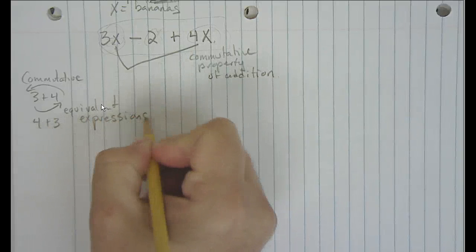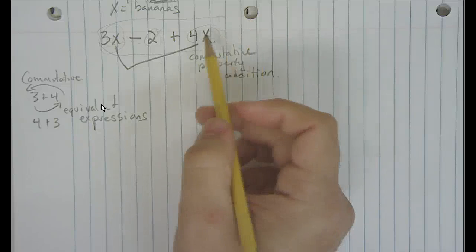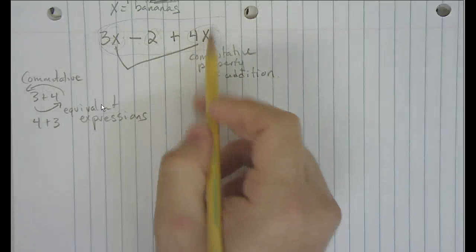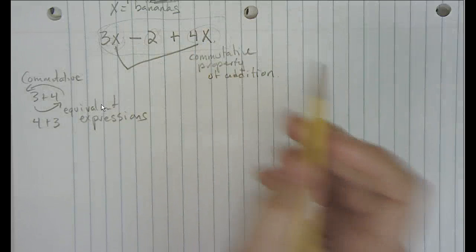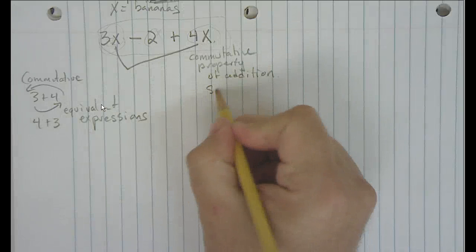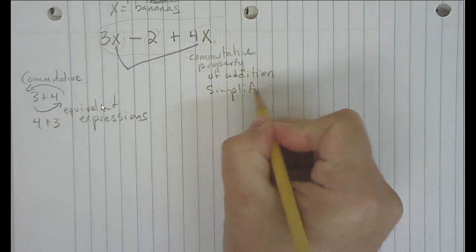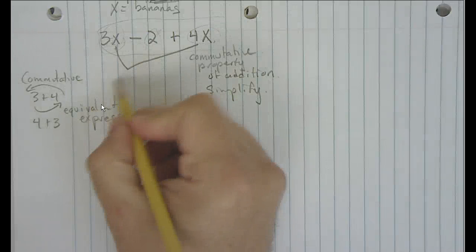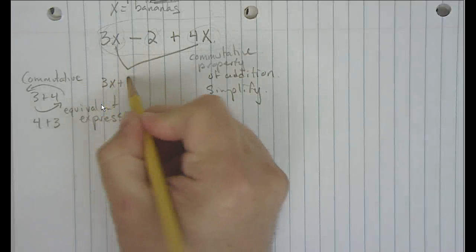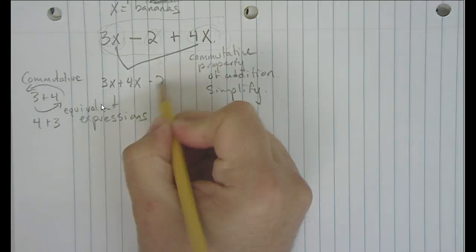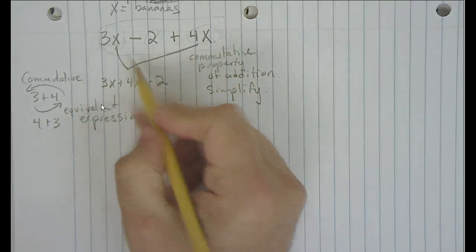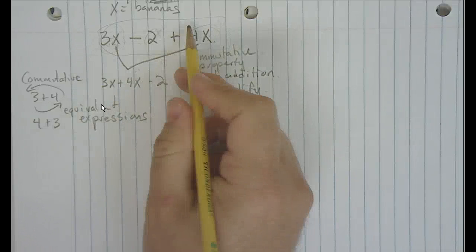So is there an equivalent expression that we can come up with to this trinomial that's maybe a little simpler, that we can simplify, right? We want to simplify using this property. Well, sure, I could go 3x plus 4x minus 2. Because of the commutative property of addition, all of these things can be moved.